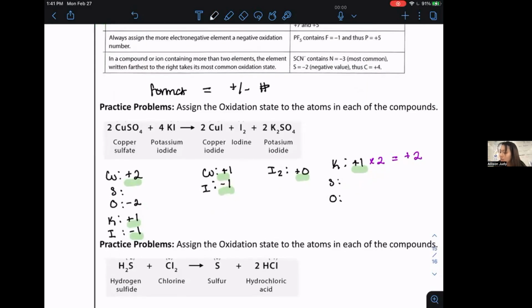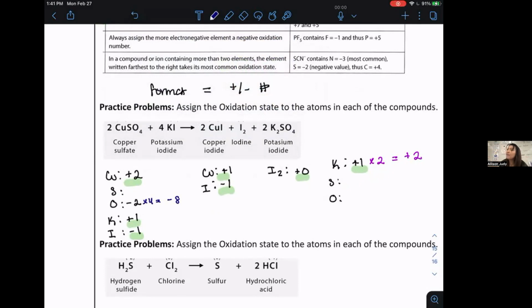Okay, so we say -2 for oxygen in sulfate, but here's the catch. You have 4 oxygens, so it's like saying you have a contribution of -8 oxidation state from the total 4 oxygens.